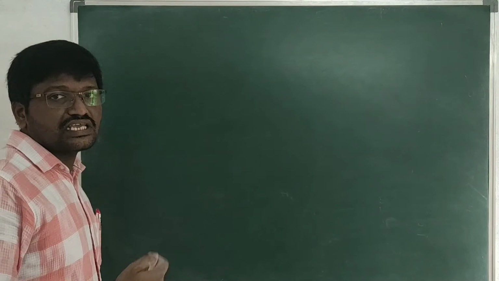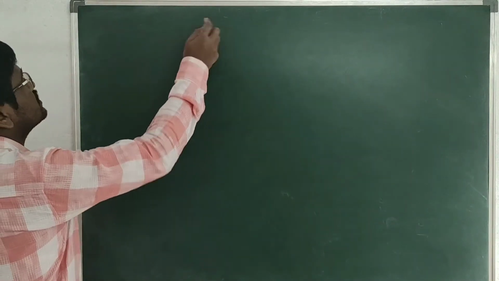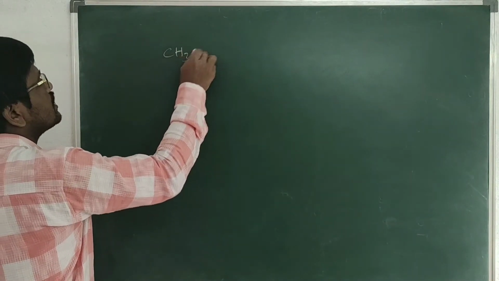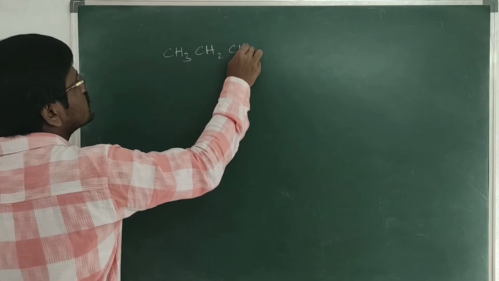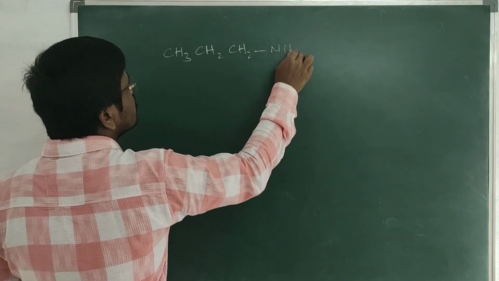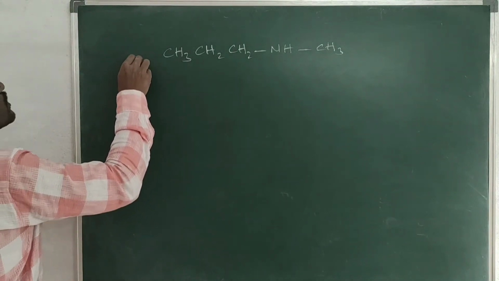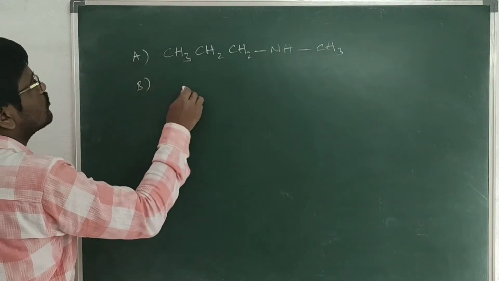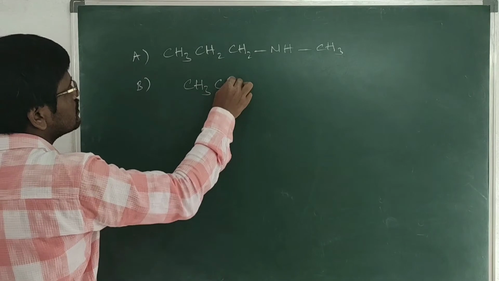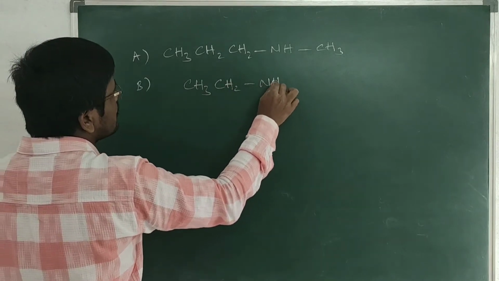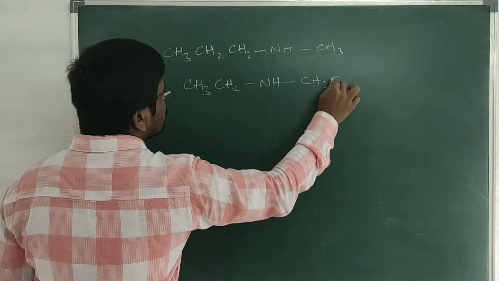Okay. We can discuss the other example. CH3, CH2, CH2, propyl methyl amine, is compound A, and compound B is diethylamine.